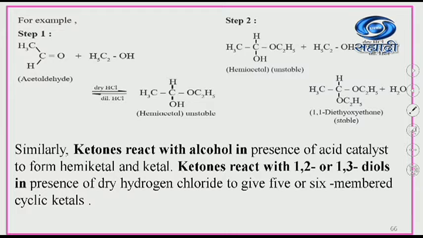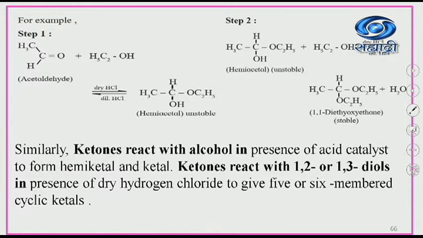In the second step, when this hemiacetal is treated with another molecule of ethyl alcohol, C2H5OH, with dry HCl, then you will get CH3CH(OC2H5)(OC2H5) plus H2O. So here you will get 1,1-diethoxyethane, that is the stable product. This is the acetal.